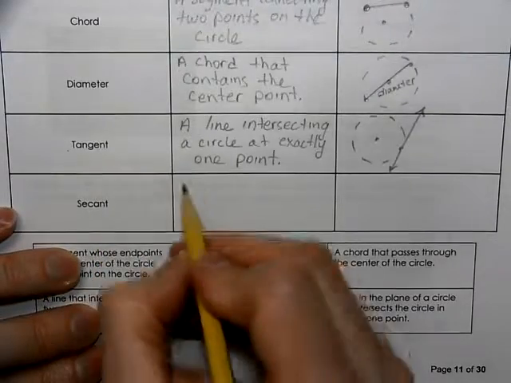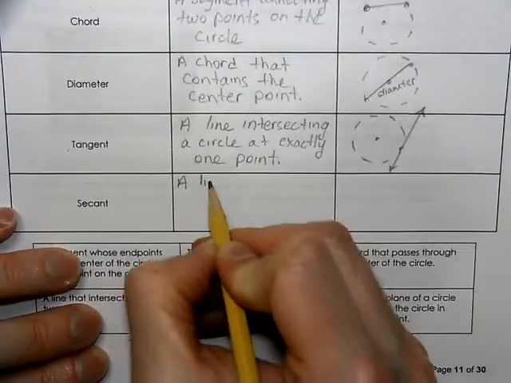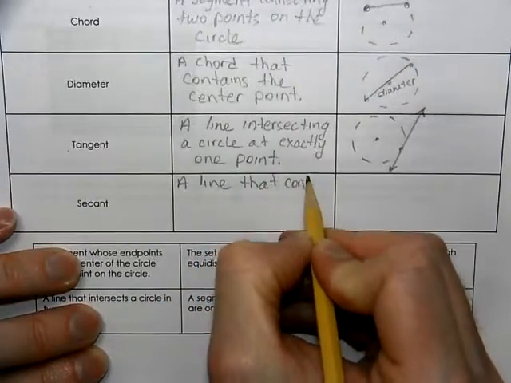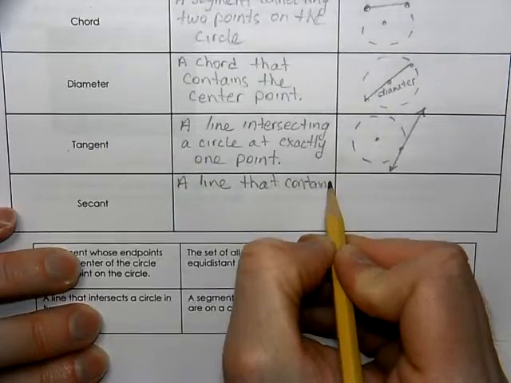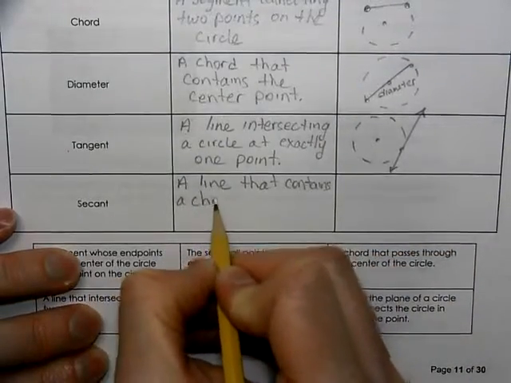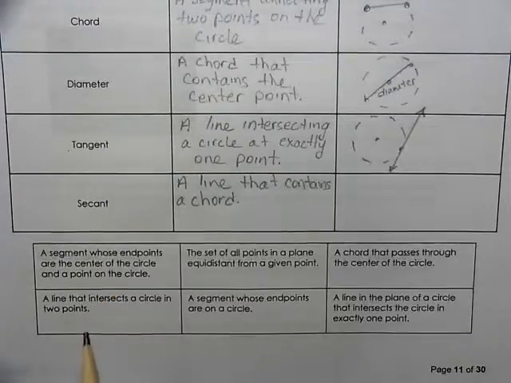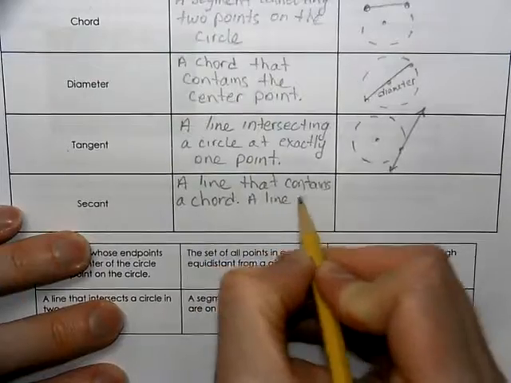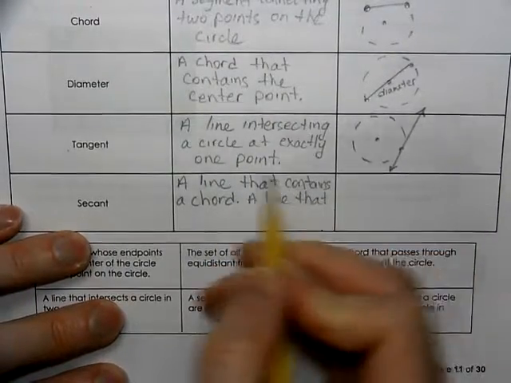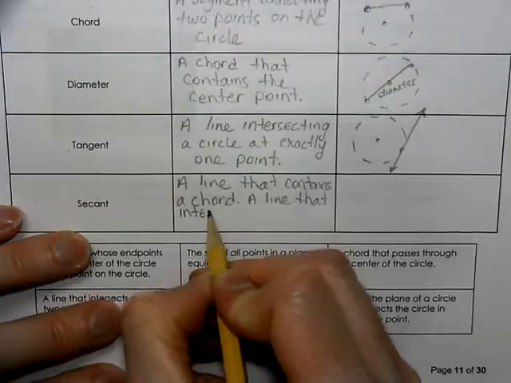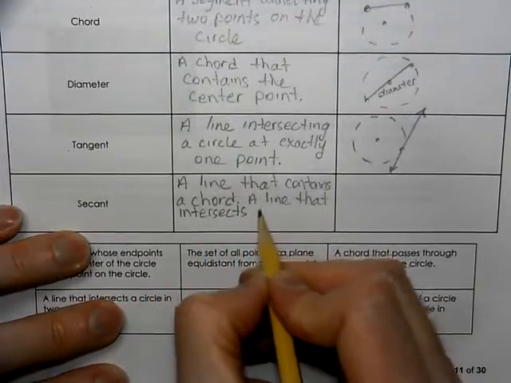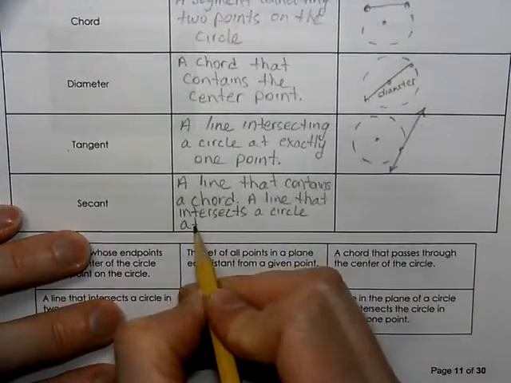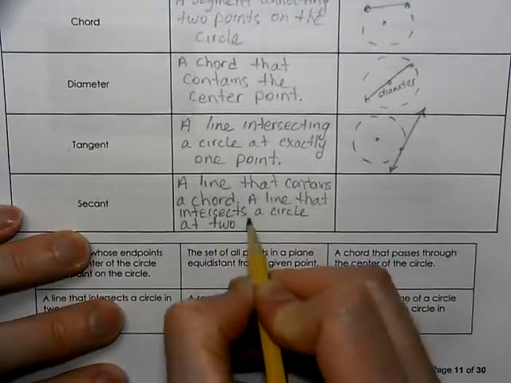A secant is a line that contains a chord. So in other words, it's a line that intersects a circle at 2 points.